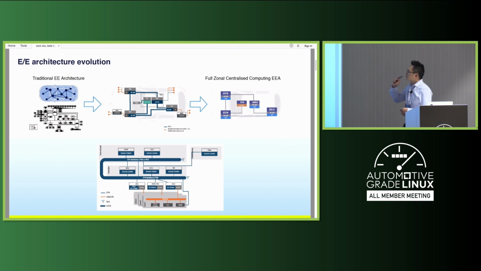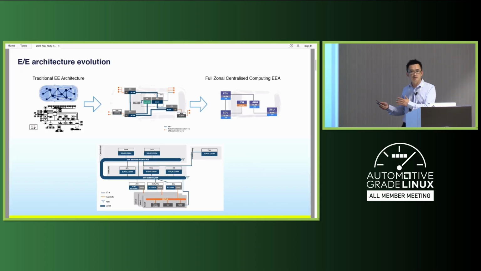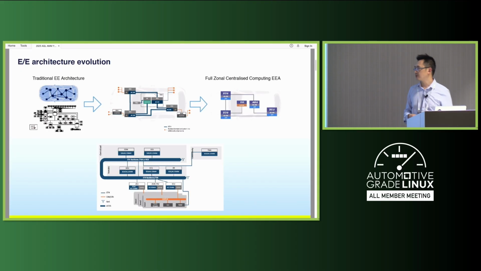In the middle and on the right is what everybody is hopefully moving towards, represented by Tesla. In the Tesla Model Y, you are seeing the reduction of those 100 to 120 ECUs to 25. So that is a big deal.